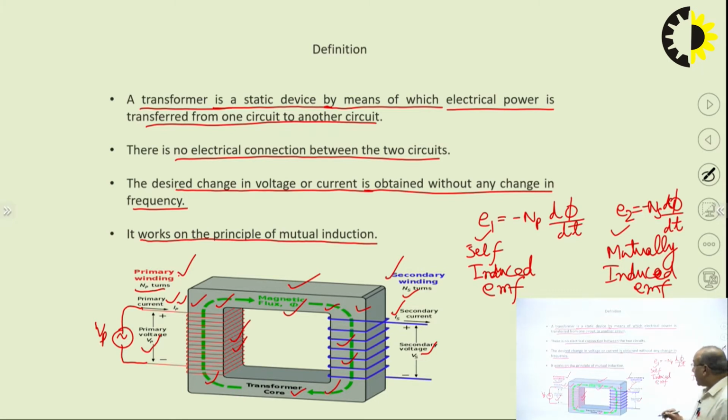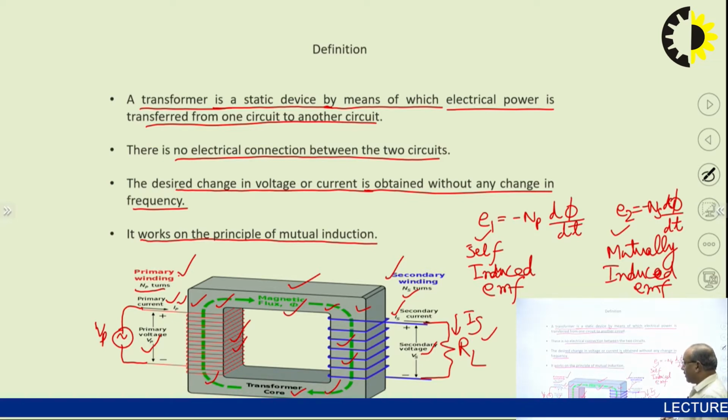Now, if I connect some load impedance or load resistance here, anything it may be, then due to the completion of the circuit on the secondary side, a secondary current passes through the load resistance. When both voltage and current are there on the secondary side, that means electrical power is there on the secondary side.